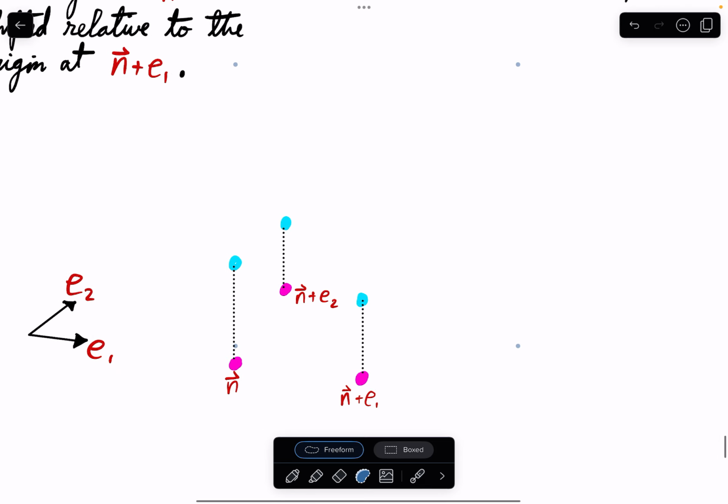And then let's say that we have the field values at each point. So let's say that we have a field value here, then we have a field value that's a little lower here, and that's actually a little higher here. So these will be the field value at n plus e1.